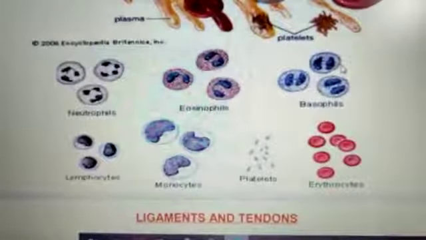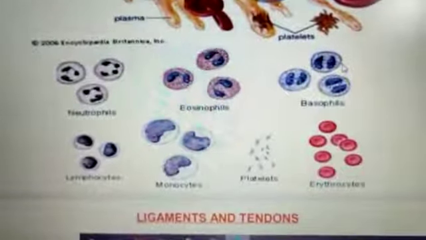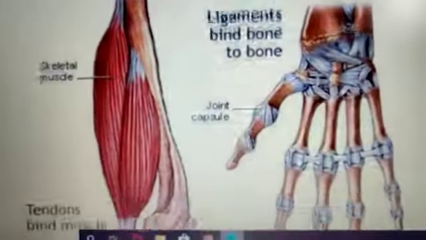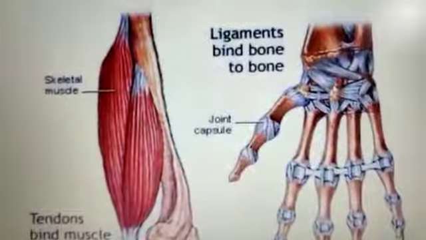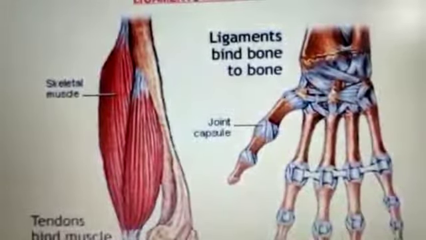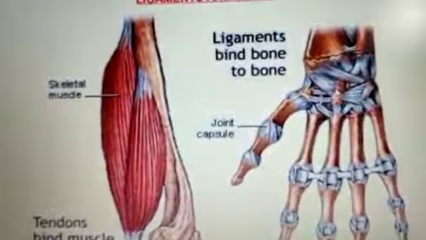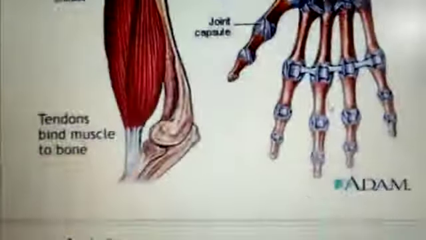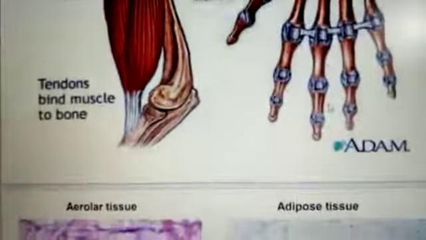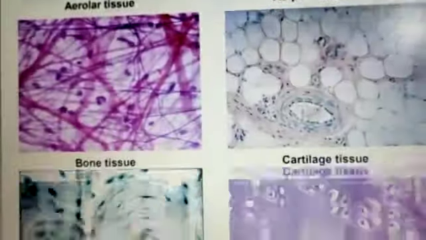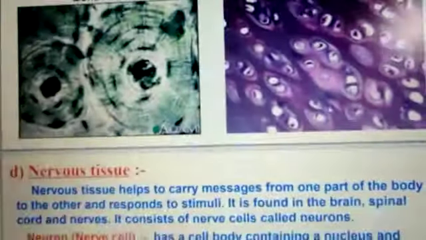Then lymphocytes, monocytes, platelets and erythrocytes. These are the different types of blood cells, and these are the pictures of ligaments, bone, and these are all connective tissue. Ligaments and tendons: tendons bind the muscle to bone. Now these are adipose tissue, areolar tissue, bone tissue, and cartilage tissue.